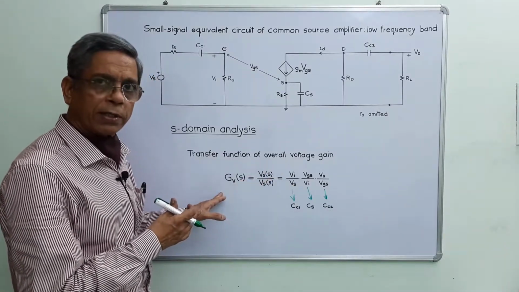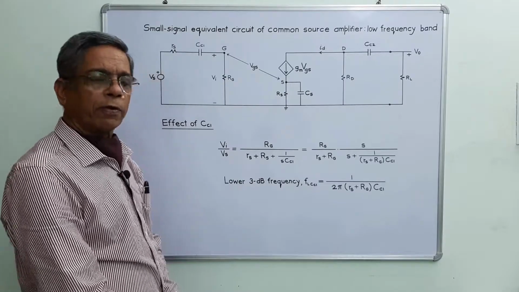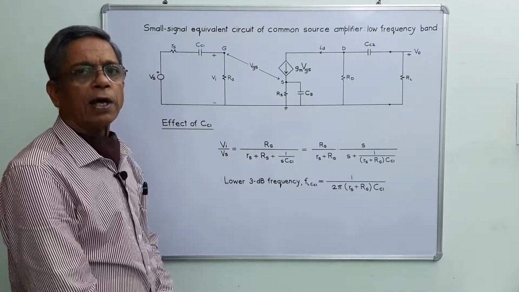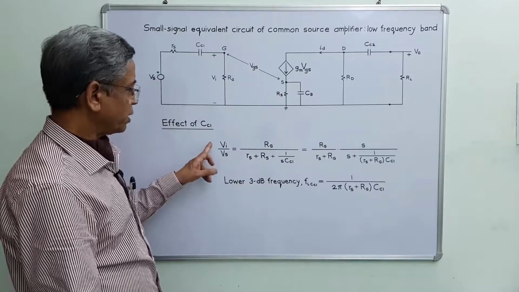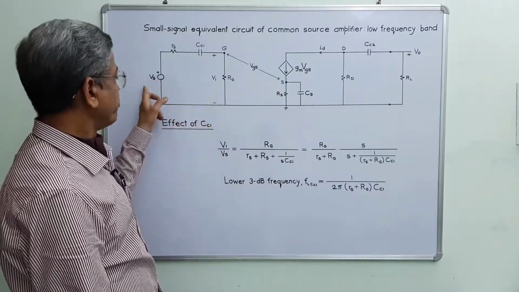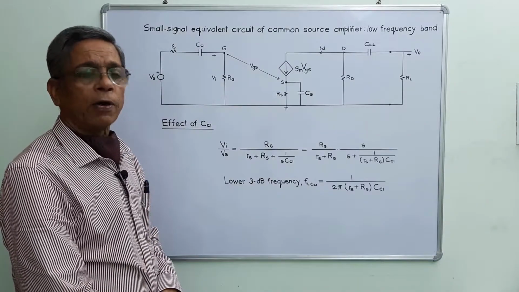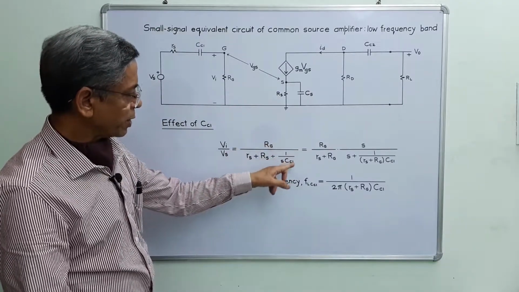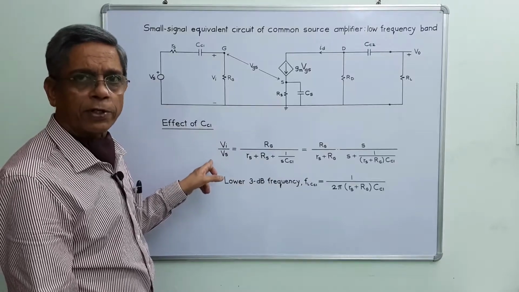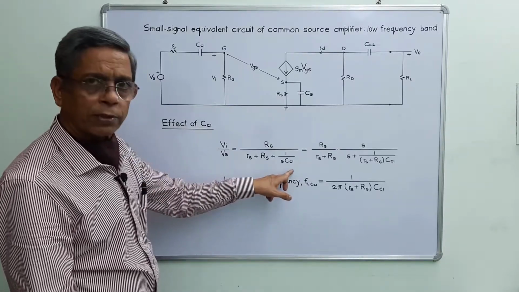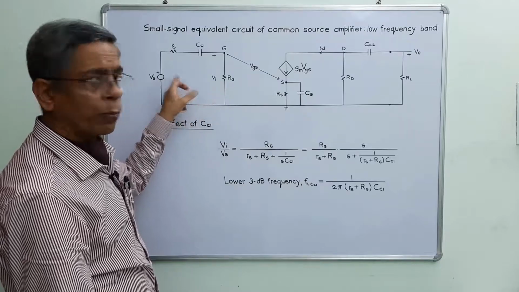Let us determine the effect of coupling capacitor CC1, and we will derive the expression for this transfer function Vi by Vs. Considering this loop and using voltage divider law, we can write this expression for this transfer function, and the denominator shows the total impedance of this loop.